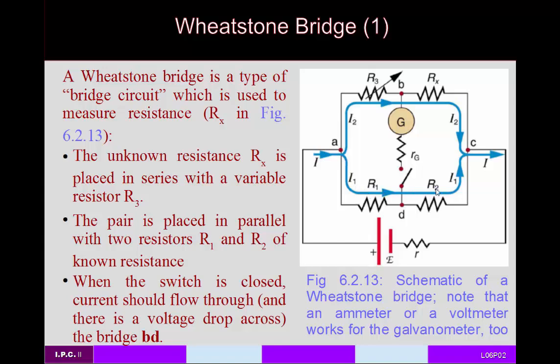So I1 runs through R1, R2, and I2 runs through R3, Rx. And the voltage drop across R3, Rx and the voltage drop across R1, R2 must be equal when this is open, because R3, Rx and R1, R2 are actually in parallel with each other when this bridge is gone.